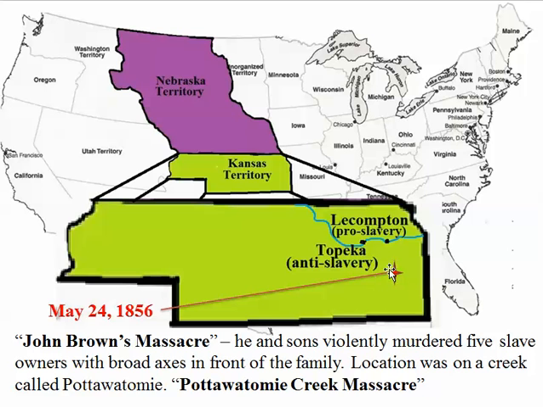They go out on this creek called Pottawatomie Creek, below the Lecompton area, but below Lawrence. He and his sons violently murder 5 slave owners with broadaxes in front of their families while they cried. So this is some violence that's going on.